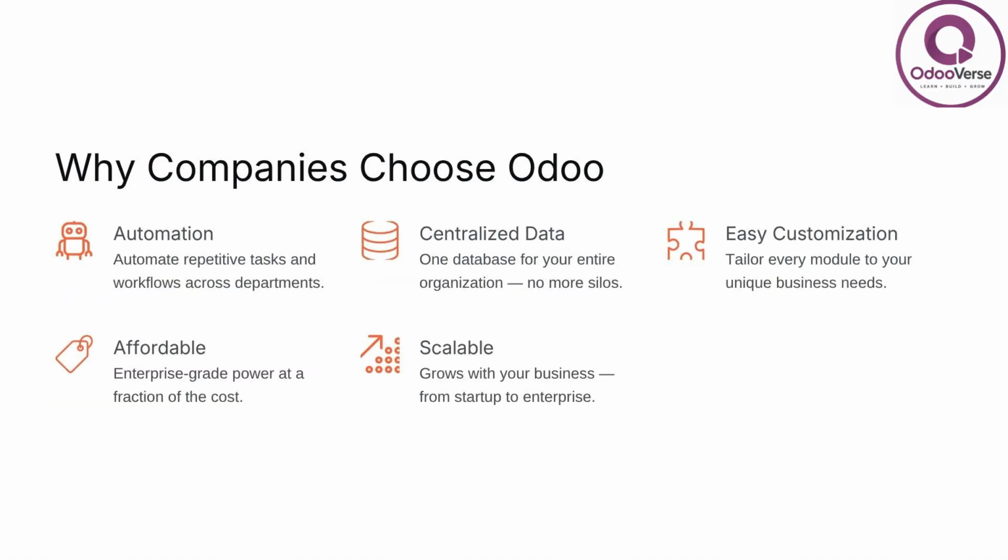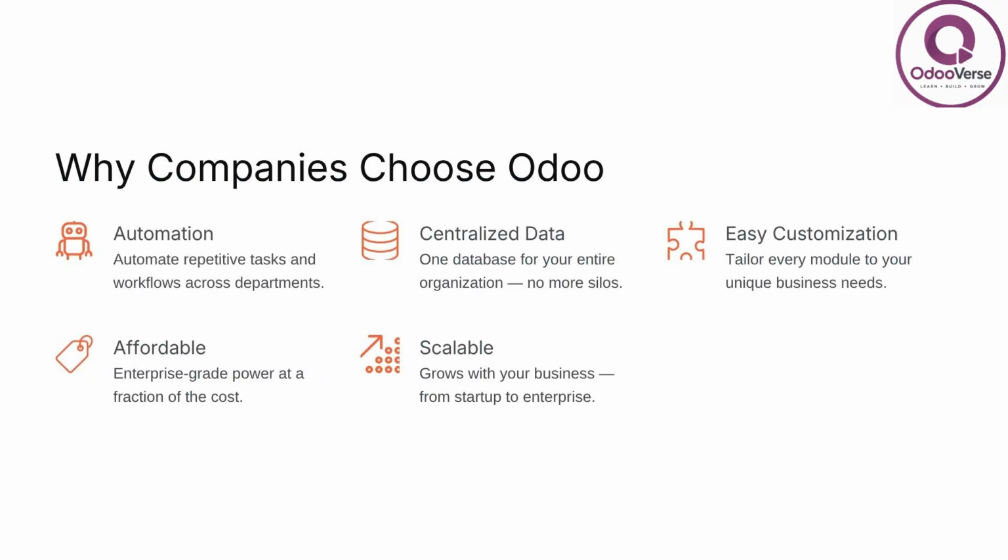So why do companies choose Odoo? The first reason is automation. Odoo can automate repetitive business tasks and workflows, which saves time and increases efficiency. The second reason is centralized data. All departments use one shared database, so there are no data silos. Another important advantage is customization.